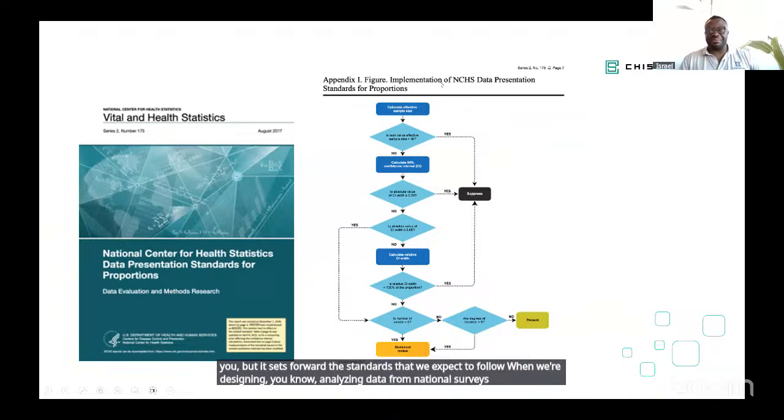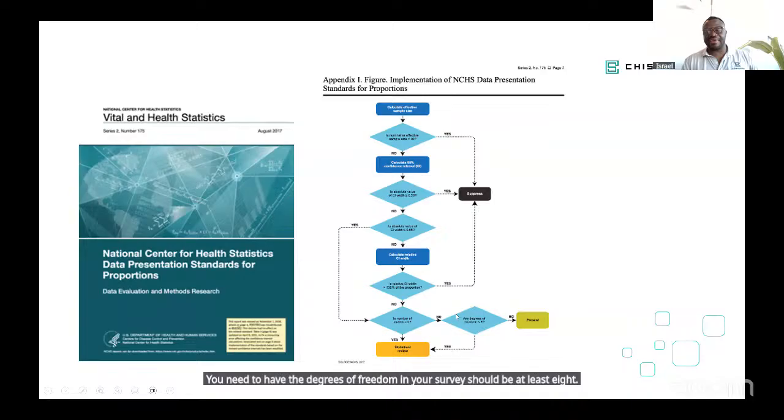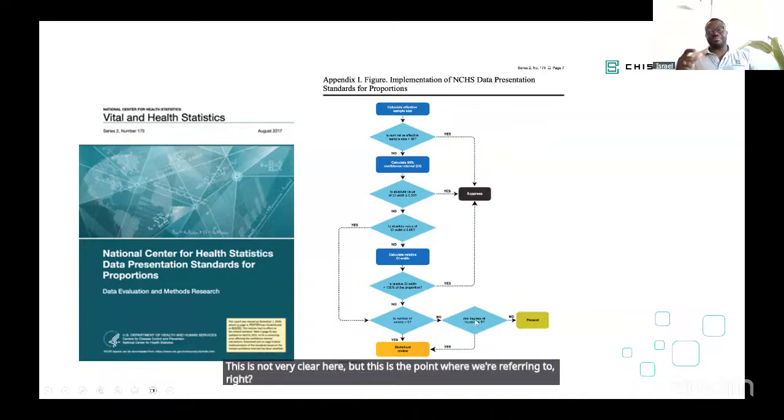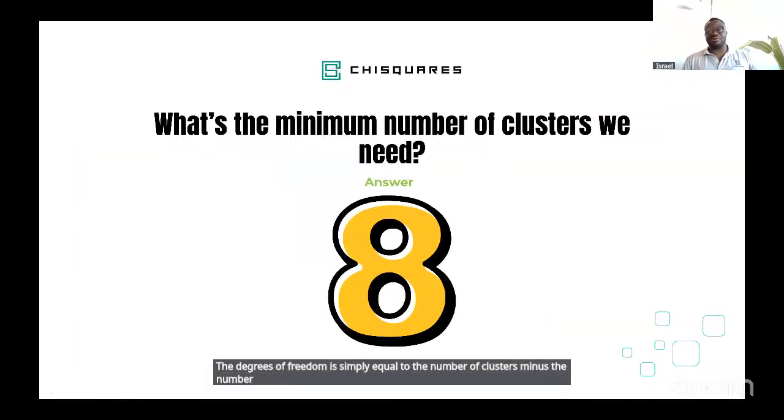But bottom line is that the degrees of freedom in your survey should be at least 8. This is not very clear here, but this is the point we're referring to, right? The degrees of freedom is simply equal to the number of clusters minus the number of strata, right? And that's where we get this number from. And so you should strive to ensure that you have at least 8.